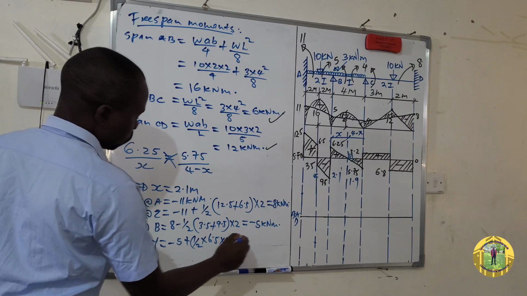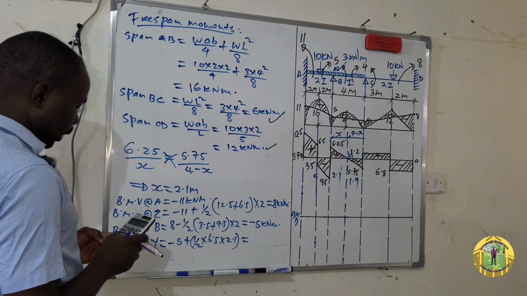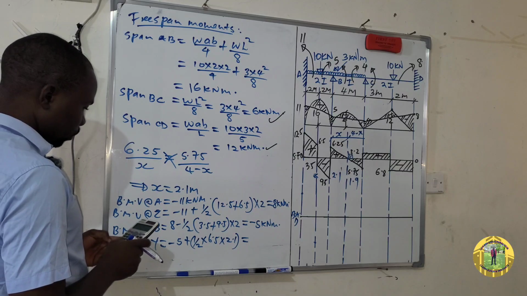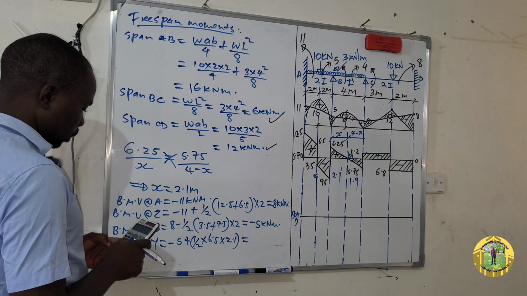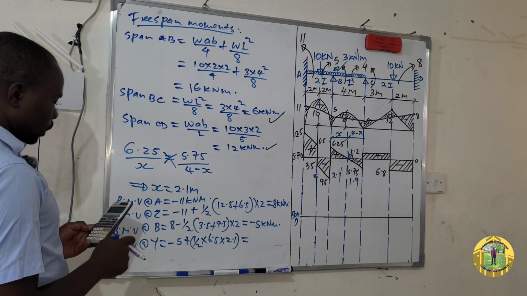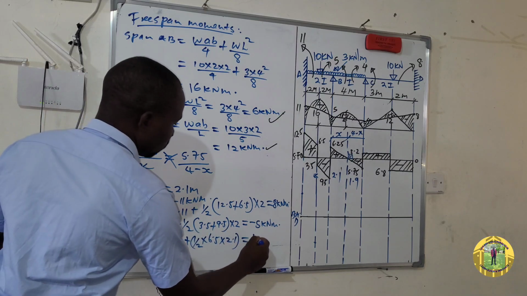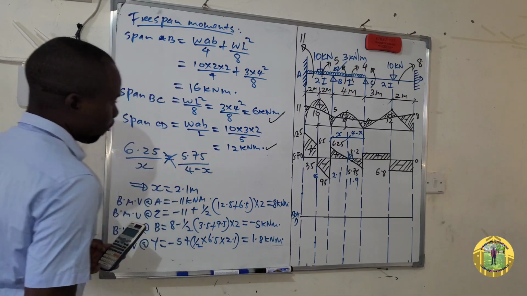So this one is equal to negative 5 plus 0.5 times 6.5 times 2.1. You get 1.8 kilonewton meter.